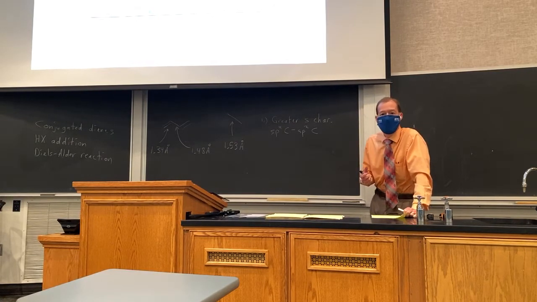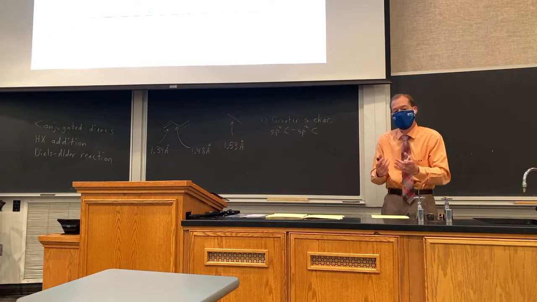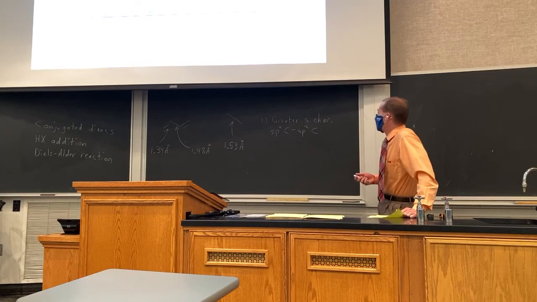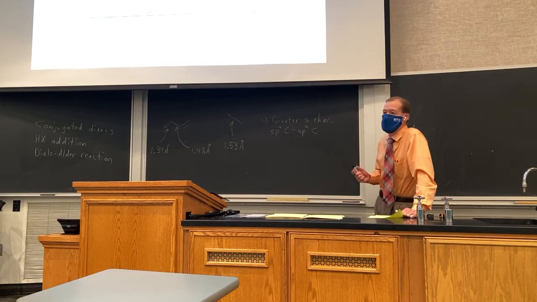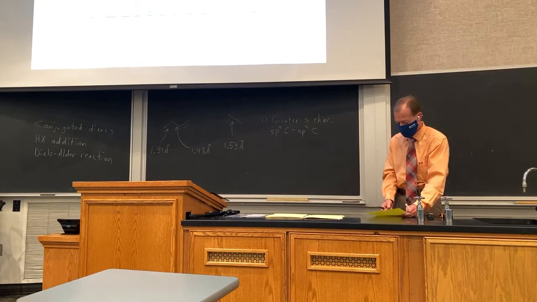And because of that, the bonds that they form are a little bit shorter because the electrons in those bonds are a little more strongly attracted to the nuclei that are involved. So that greater s character of those sp2 carbons relative to the sp3 carbons in ethane or other alkanes makes this sigma bond a little bit shorter.